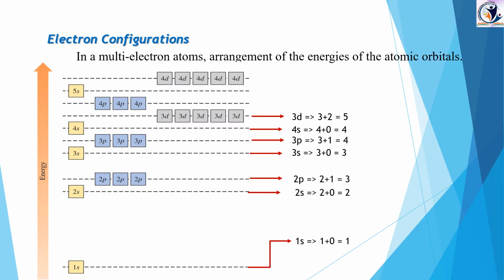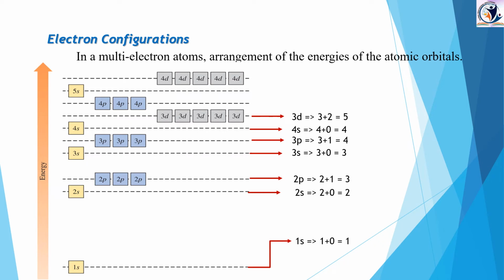Here, first what should we consider, children? We should consider the sum of the energies of the atomic orbitals. 3p has 4 and 3d has 5, but 4s has 4. So 3p has lower energy than 4s, and that's why 4s comes after 3p.